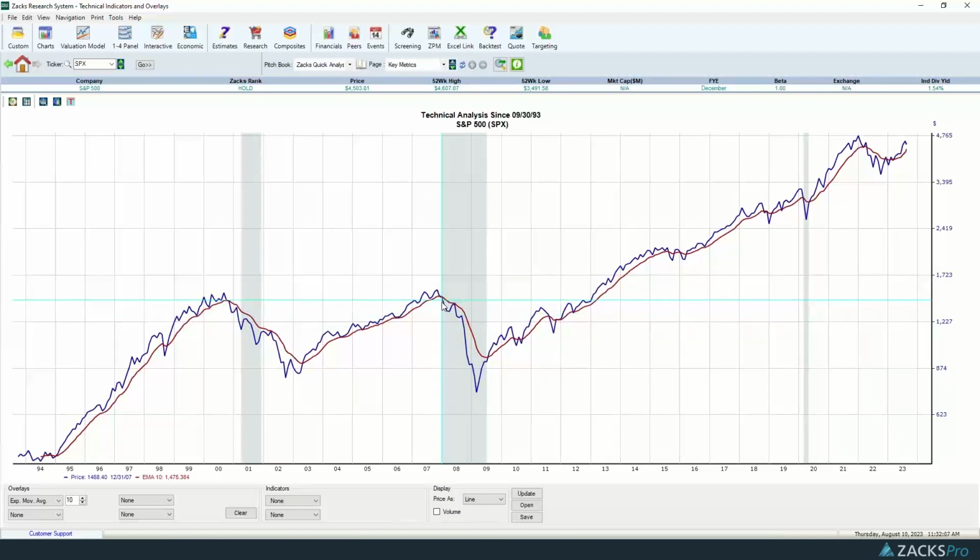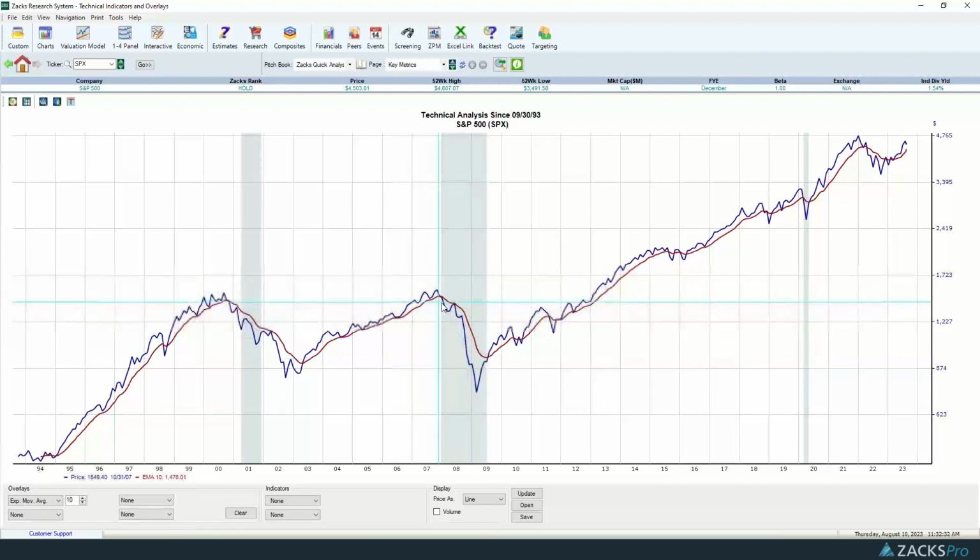And then you would have been out of the market for half of 2007, all of 2008, and half of 2009. So then you would have bought back in upon that next bullish crossover above the 10-month moving average, which happened, I believe, in June or July of 2009.